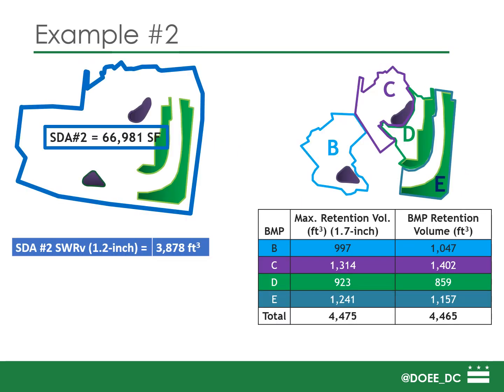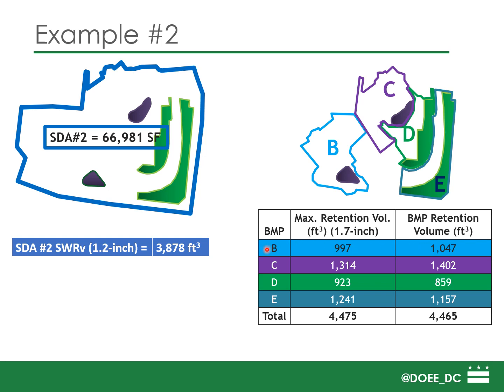Now we can look at site drainage area 2 and the BMPs that are in this site drainage area. We can see for each of these 4 BMPs, there is a maximum retention volume associated with the contributing drainage area that contributes runoff to the BMP. And then there is a BMP retention volume, which is based on the sizing of the BMP. So for each of these, we'll take the lower of these 2 numbers.